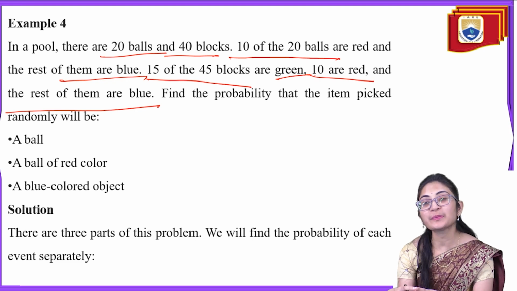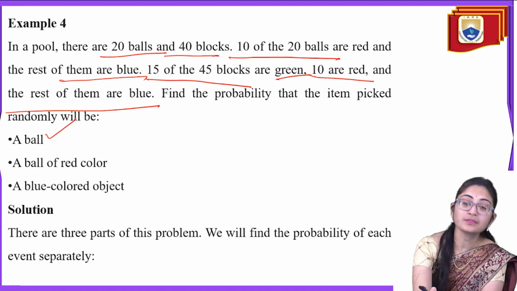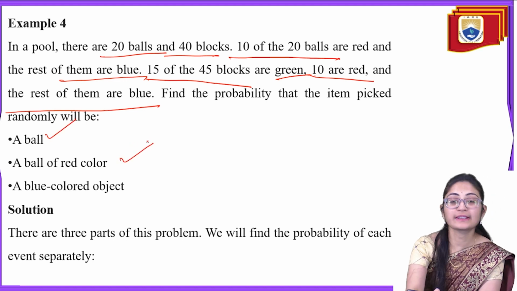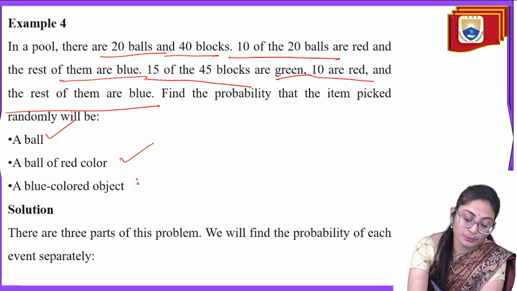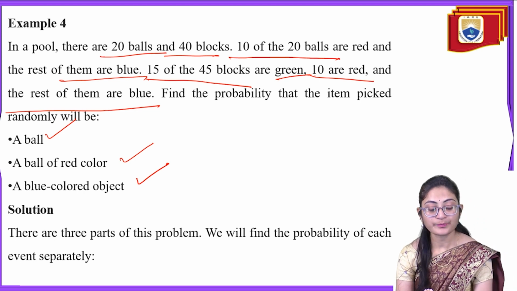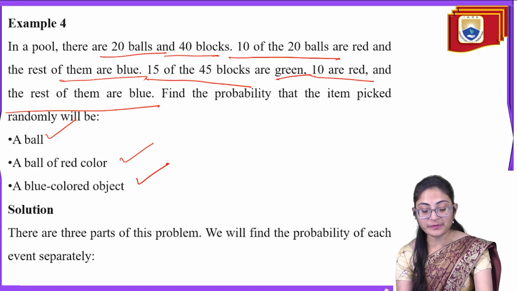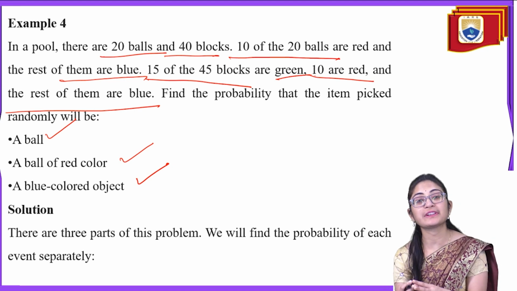Now find the probability that the item picked randomly will be a ball, a red colored ball, and a blue colored object. The solution is that there are 3 parts of this problem and we will find the probability of each event separately.